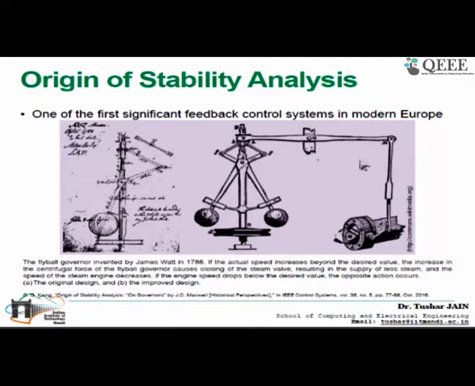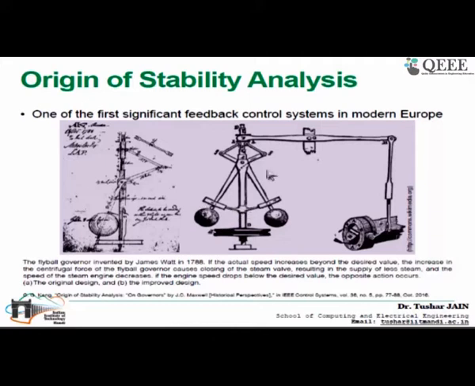Now, how is it used to control the flow of fuel? Let's say we have a motor attached at the bottom, whose speed we want to control. Whenever the actual speed increases beyond the desired value, there is an increase in the centrifugal force of the flyball governor. Whenever the speed of this flyball governor increases, like I said, these 2 balls will move apart from each other.